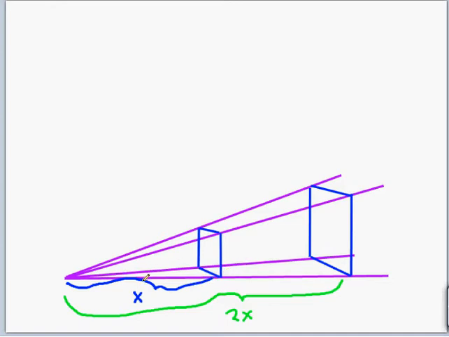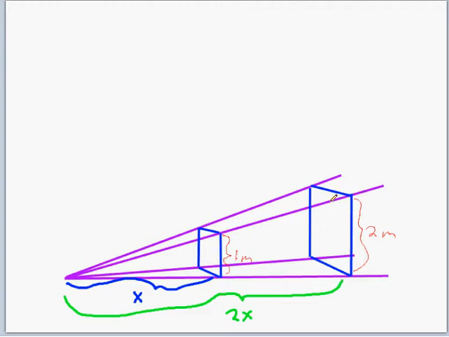The first thing we want to notice is that, at a distance x, it doesn't matter what that is, let's just say that this little square here is 1 meter on a side. If we go out a distance of 2x, these are all straight lines, so just by geometry, this side of the square at twice the distance is going to be 2 meters.